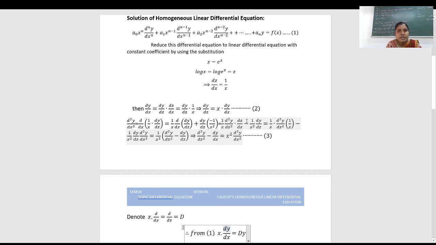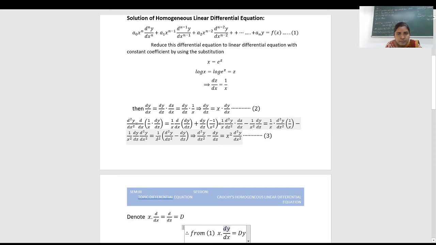Therefore, again we have to differentiate z. Minus 1/x² into dy/dz is equal to 1/x into d²y/dz² into dz/dx, and we have dz/dx as 1/x. Therefore, substituting, d²y/dx² = 1/x² into (d²y/dz² minus dy/dz).